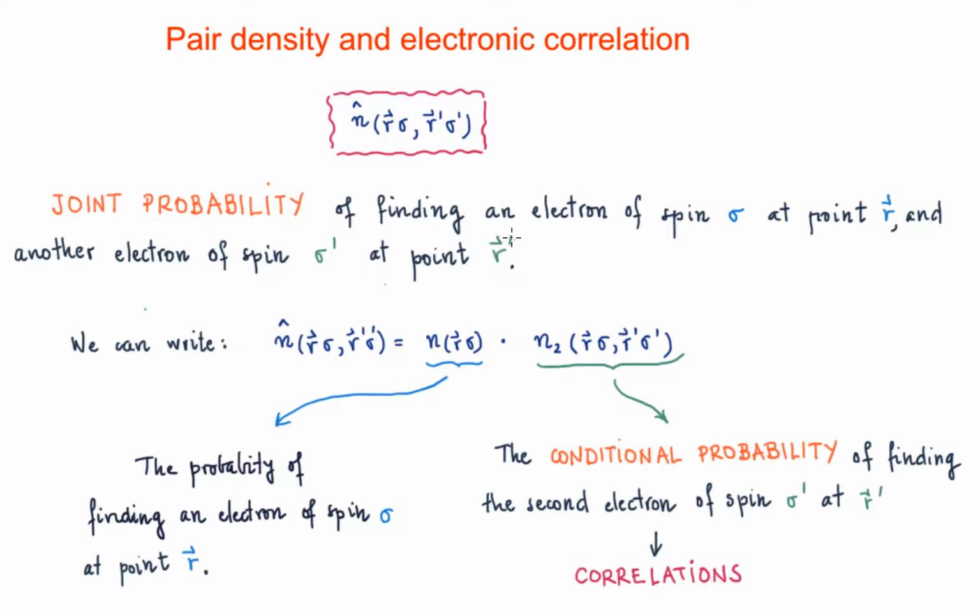and another electron of spin sigma prime at point R prime. In order to relate that with the electronic correlation, we are going to rewrite the pair density in the following way.